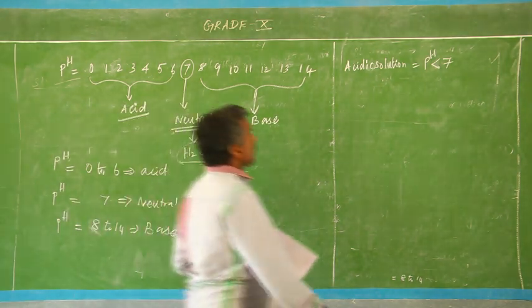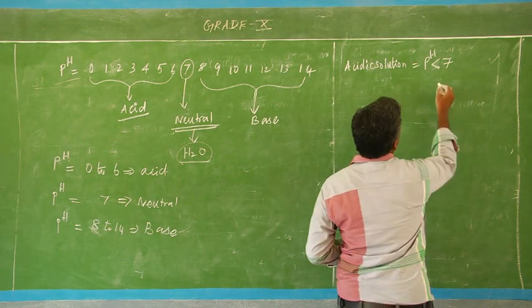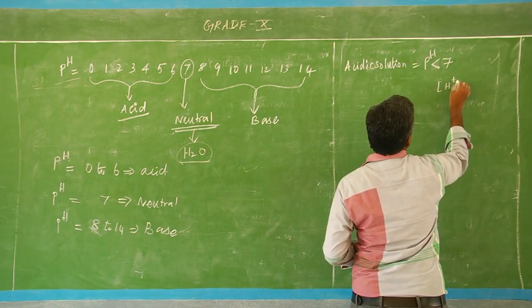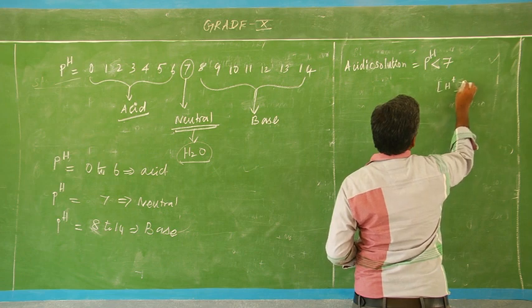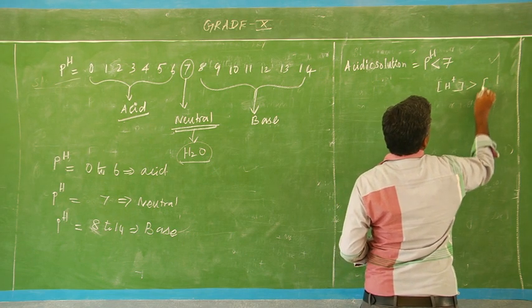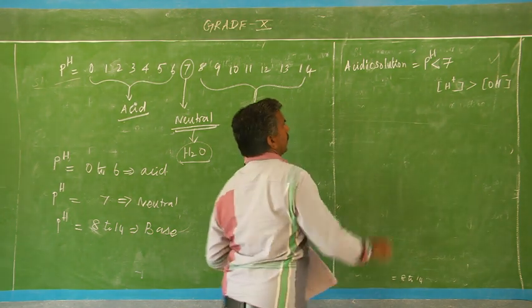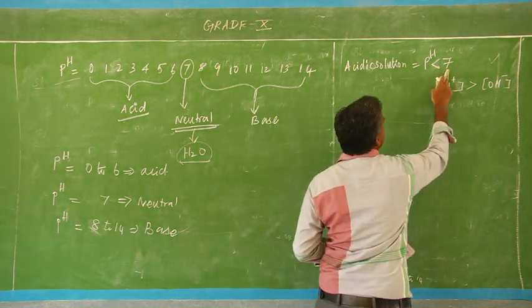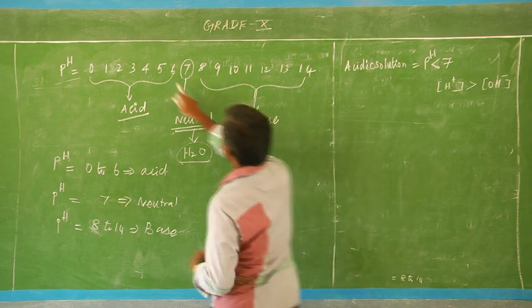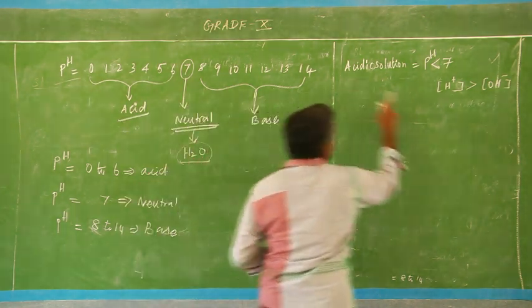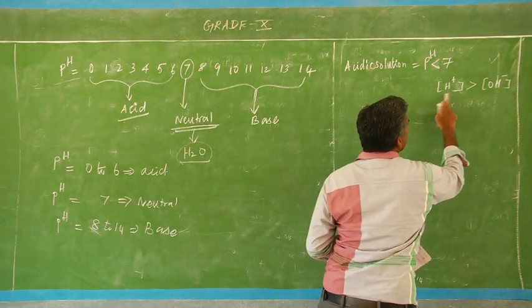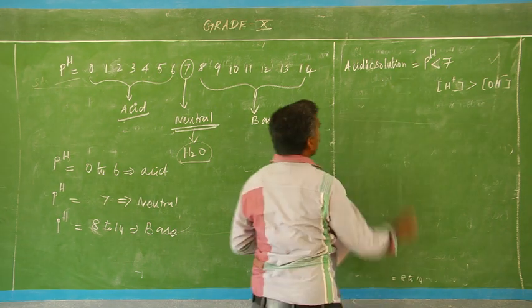Here the concentration of H plus ion is greater than the concentration of OH minus ion. In this acid solution, hydrogen ion concentration is greater than hydroxide ion concentration.